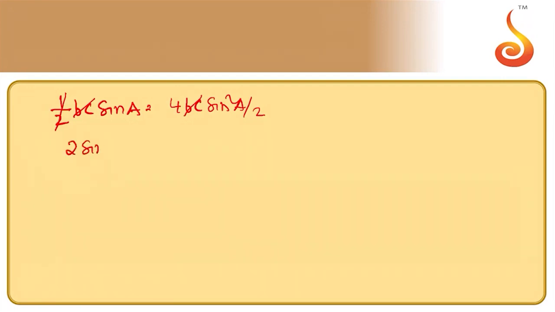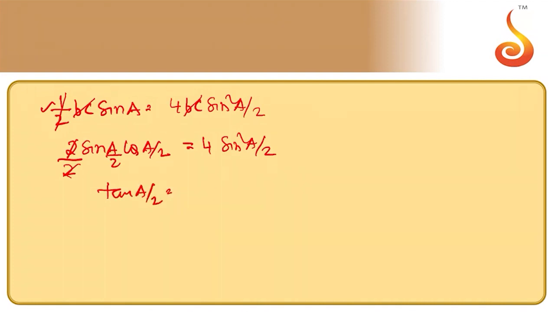So sin A is 2 sin A by 2 cos A by 2, and 1 by 2 will remain as it is. 1 by 2 is equal to 4 sin square A by 2. So 2 and 2 will cancel, sin A by 2 will cancel. We get tan A by 2 is equal to 1 by 4.